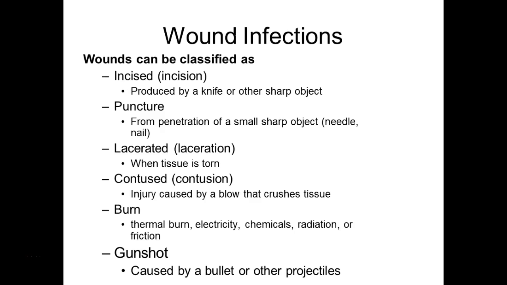The problem with these is that there's a small puncture in the surface, but the wound goes deep. Puncture means it goes deep. So a needle, a nail, even a knife if plunged into somebody. Lacerations, the problem with them is these are cuts that have torn, jagged edges. So not a nice clean cut.